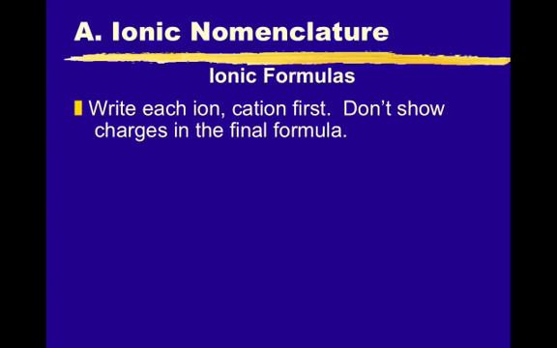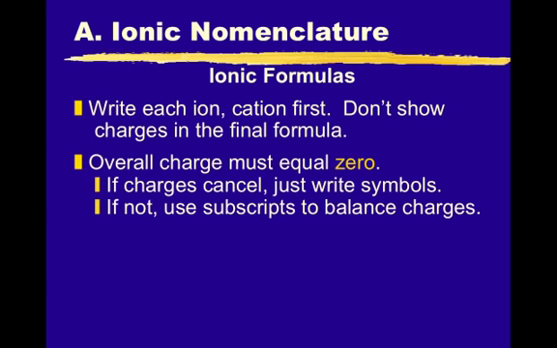We won't show their charges in the final formula, but we want to have their charges first. Now, the overall charge must equal 0. If the charges cancel, for example, if you have a positive 1 cation and a negative 1 anion, those charges just cancel, so we do nothing with those.